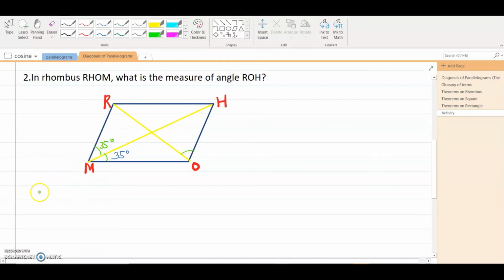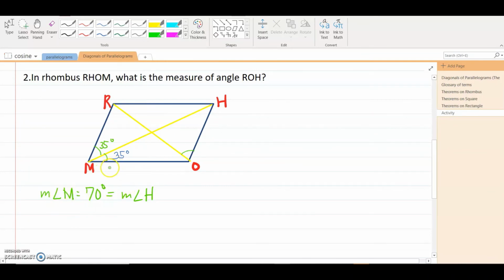So the measure of angle M will be 35 plus 35, that is equal to 70 degrees. Since angle M, the opposite is angle H, that is also the measure of angle H.